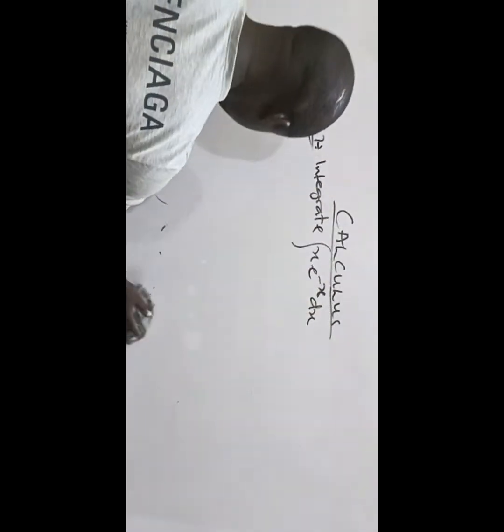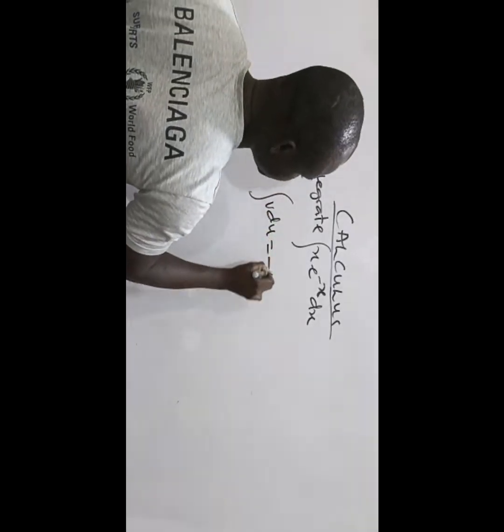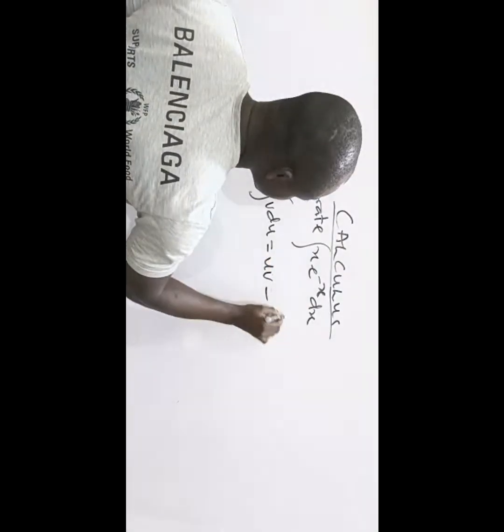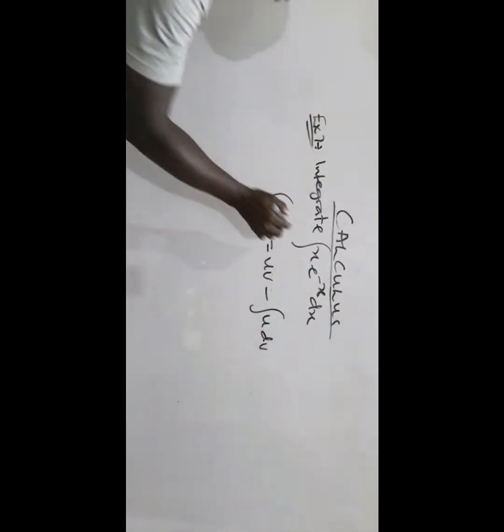Okay, we use integration by parts, and integration by parts simply means if you have the integral of v du, the same thing as uv minus integral u dv. That's what you are going to get. Okay, that is what you have here.